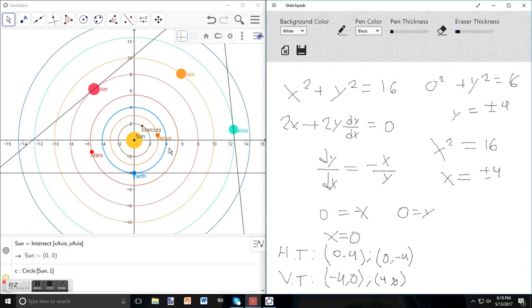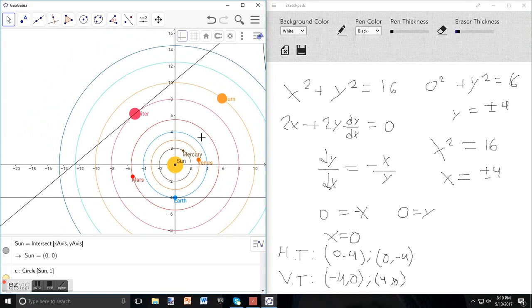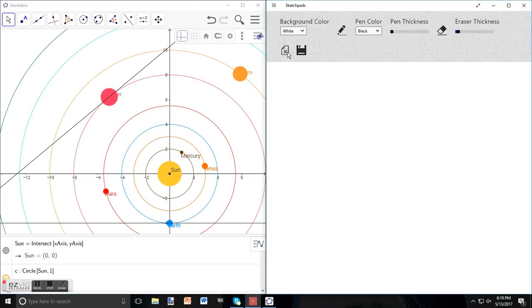You can use the same method for any circle. Say for Jupiter, which is x squared plus y squared equals the radius squared, which is 64. We do the same thing and derive implicitly, and we'll find that the constant will still derive to 0.